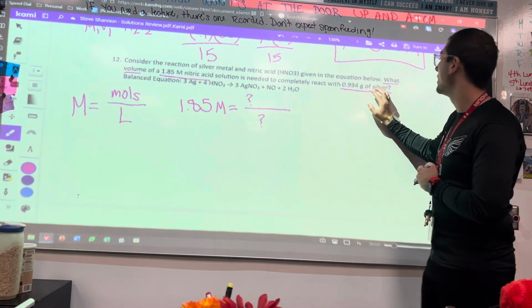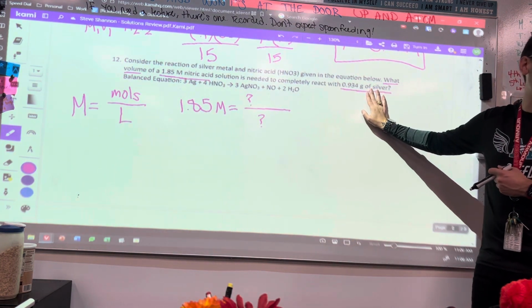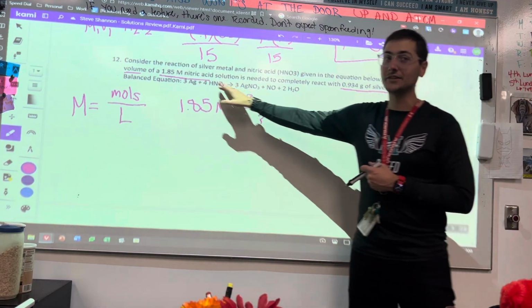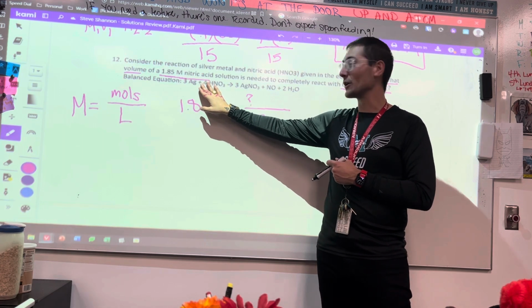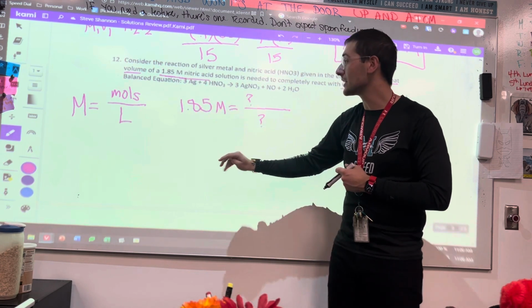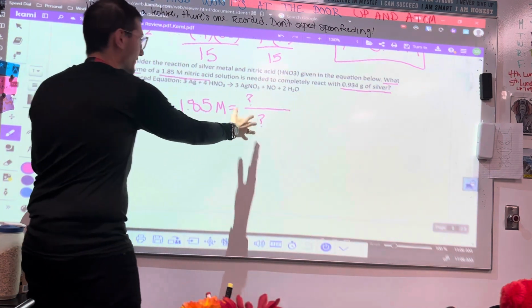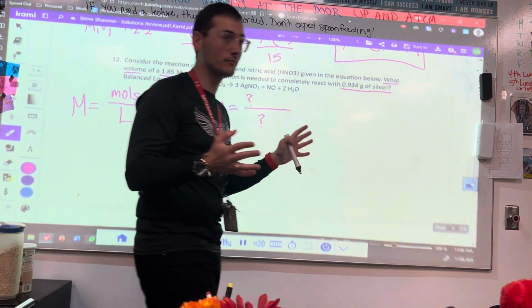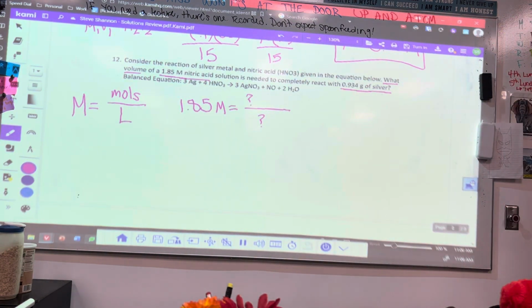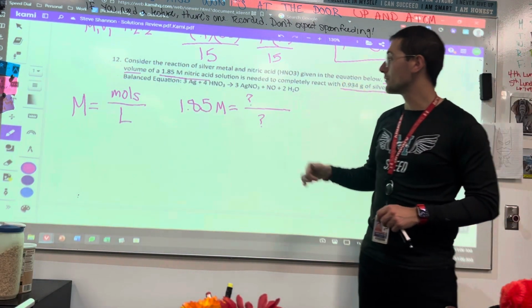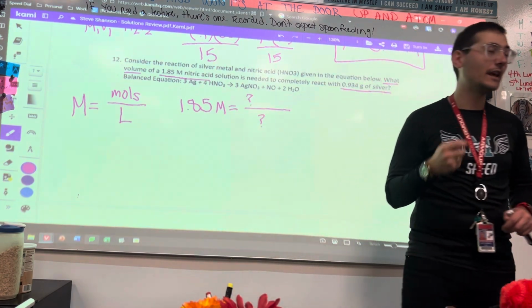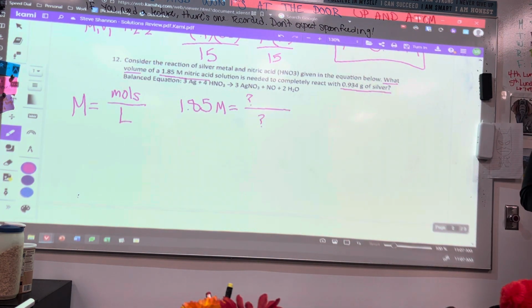We have to go from grams of silver to moles of silver to moles of nitric acid. We have to use stoichiometry to go from grams to moles, because all of this is for nitric acid, which means silver has its own set of equations floating around in the background that we don't know about. We had to use the silver amount and stoichiometry to then convert to moles of nitric acid, and then we can get this problem right. That way we can get liters of nitric acid.